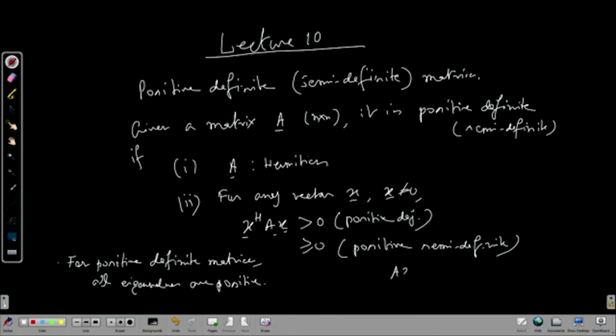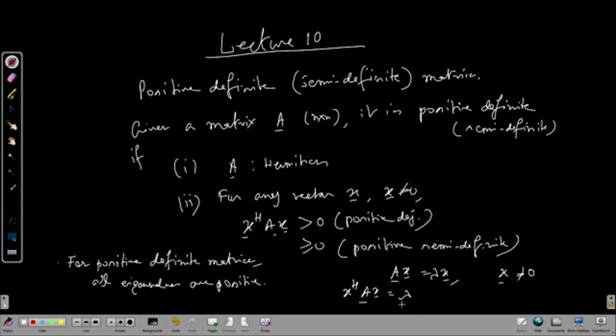Suppose A x is lambda x, and since x is an eigenvector, x is non-zero. So, if I multiply left hand side and right hand side, called pre-multiplication, that is here if I multiply x h times A x, x h A x, this will be lambda, which is a scalar.